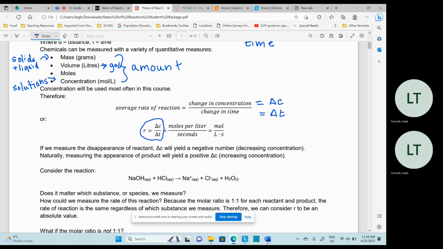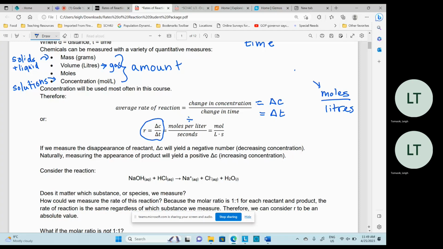Concentration is measured in moles per liter. The word per actually works like a division sign. So moles per liter literally means the moles over the liters. We can write it as a fraction, like moles over liters. Remember, fractions have two parts.